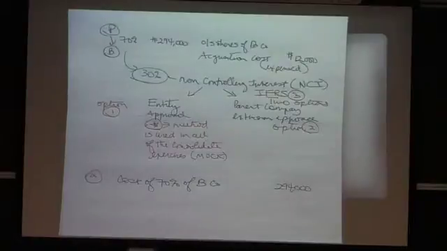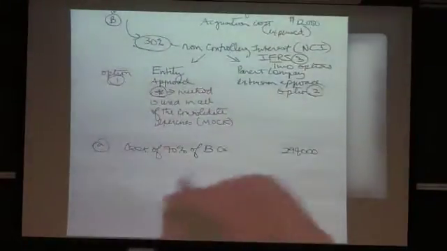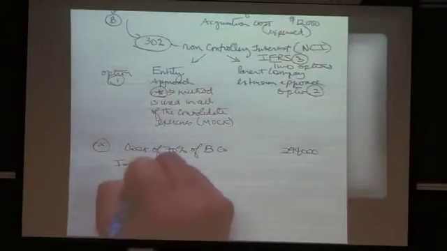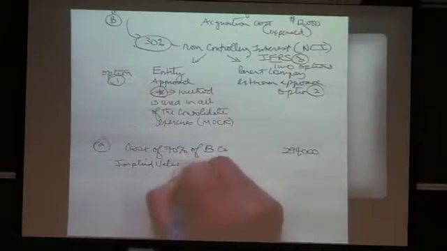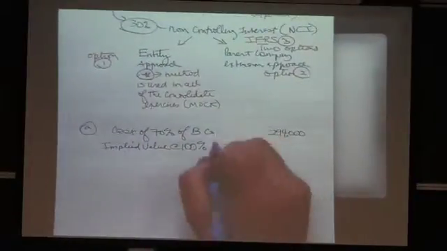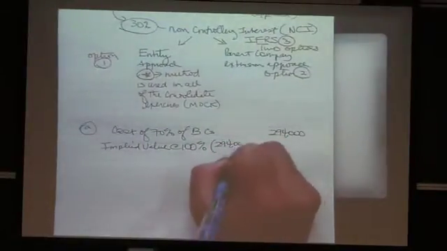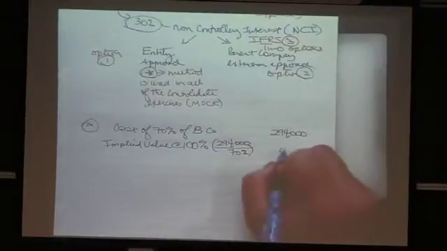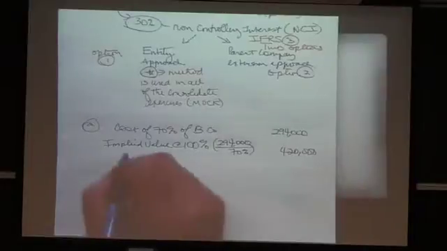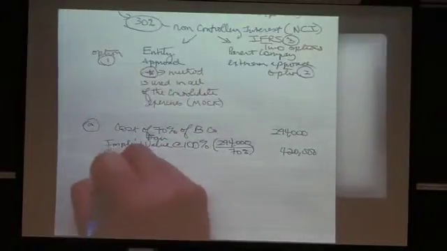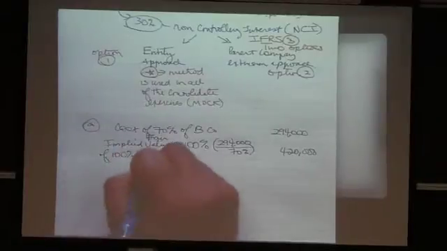So we're going to take that and calculate the implied value. How do we do that? We're going to take 294 divided by 70%. That means the implied fair value of 100% of B company.